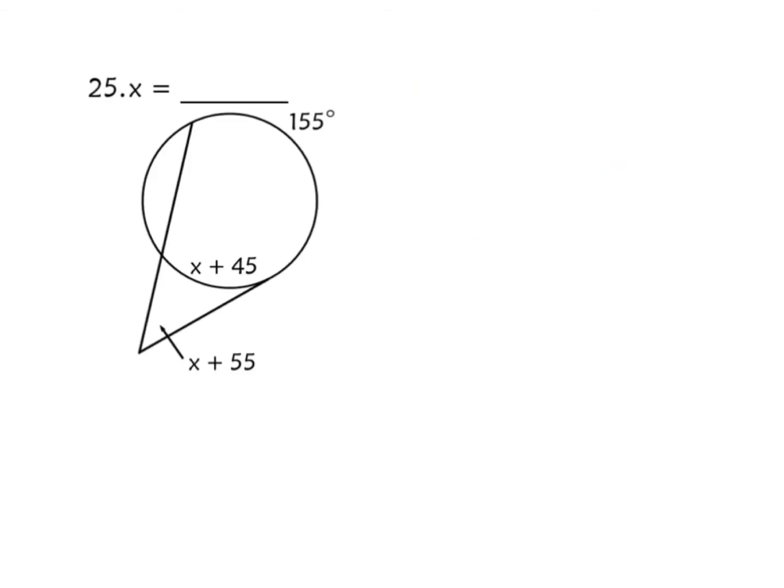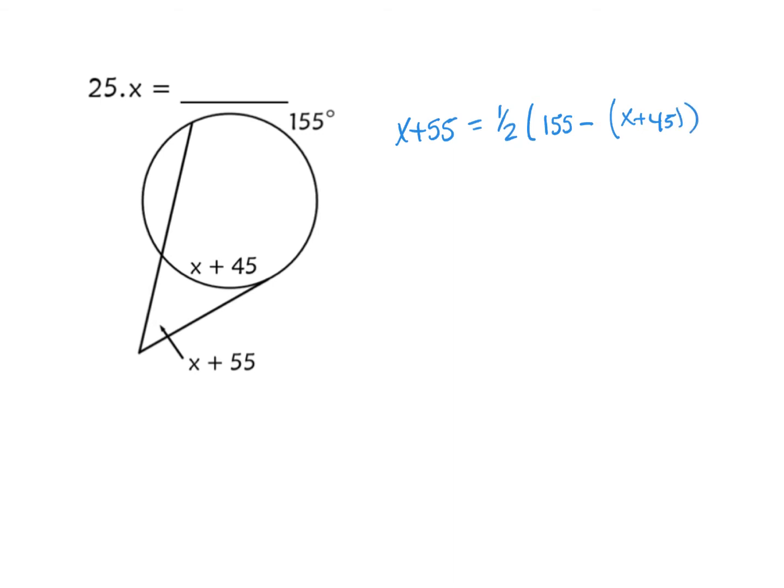Similar to the last one, the angle equals 1/2 of the major arc minus the minor arc. But now this one we're going to be careful, and I'll show you why. My angle, which is x plus 55, is equal to 1/2 of my major arc, 155, minus my minor arc, which is x plus 45.